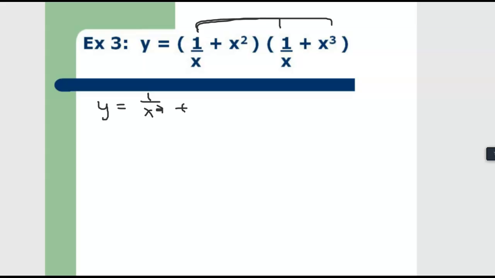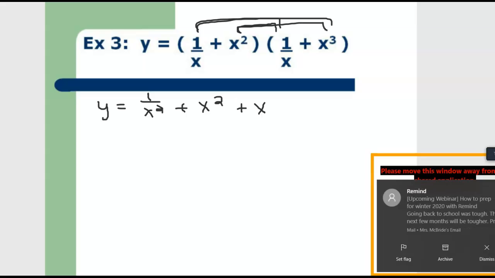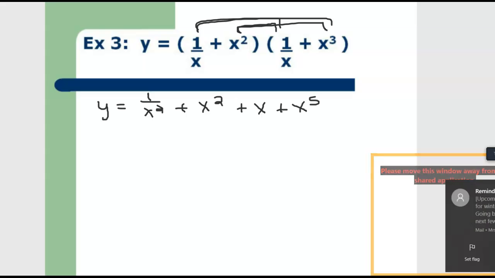X cubed divided by x gives x squared. X squared divided by x gives x. And x cubed and x squared gets x to the 5th.